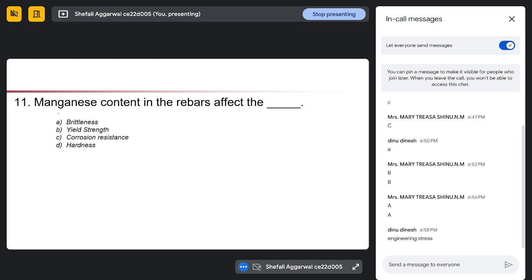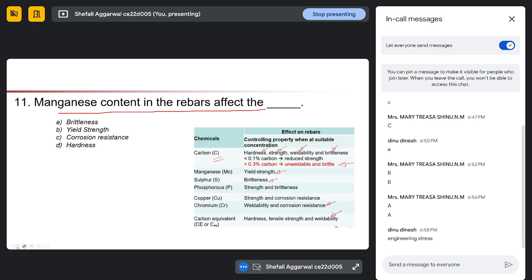The next question is, does manganese content in the rebars affect the brittleness, yield strength, corrosion resistance, or hardness? If you see this table, adding manganese to your iron will affect your yield strength. Will it affect it in a positive way or a negative way?